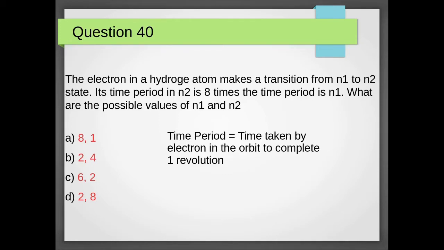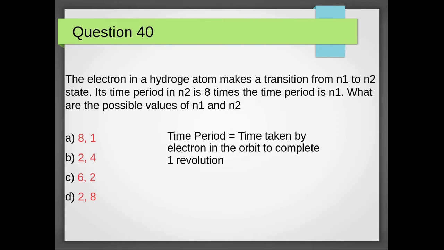The question states that the time period in orbit N2 is 8 times the time period in N1. Obviously, the larger the orbit, the more time an electron takes to make a revolution. So N2 is obviously the bigger orbit.